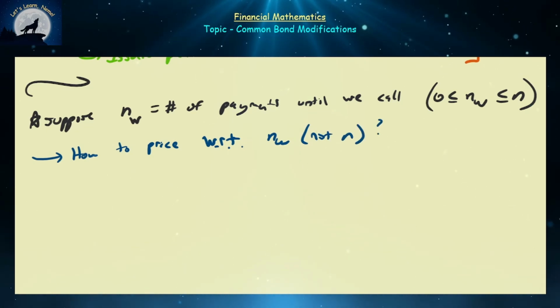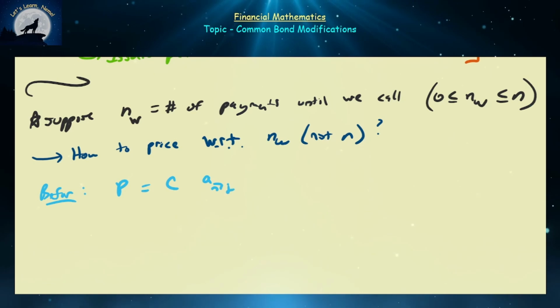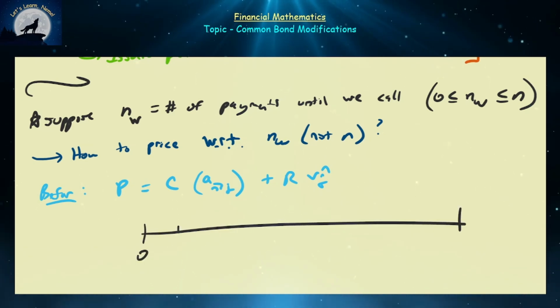Well, typically, before, recall that P was equal to C times a_n at j plus R times nu_j to the power of n, right? And if we look at our timeline, we have 0, 1, 2, all the way down to n. But now we have this new time over here, NW.